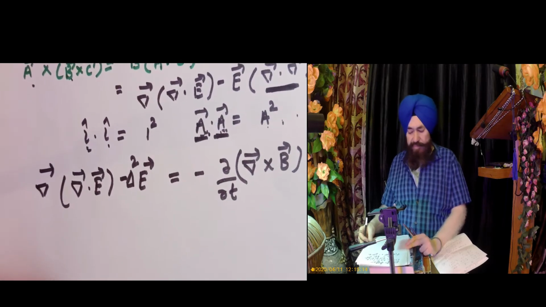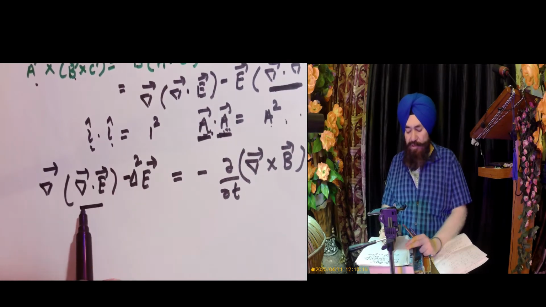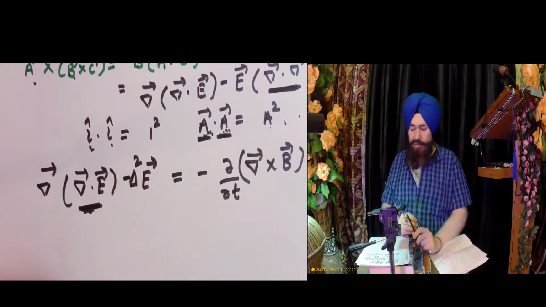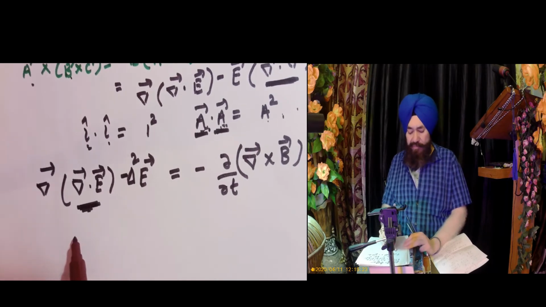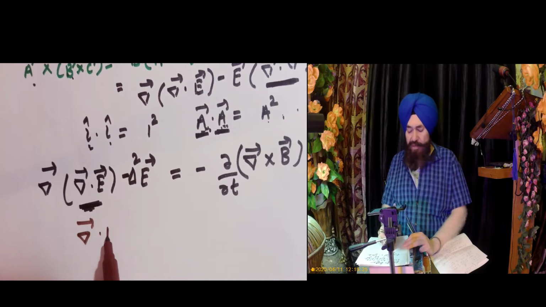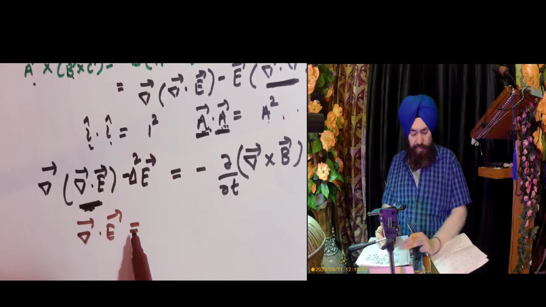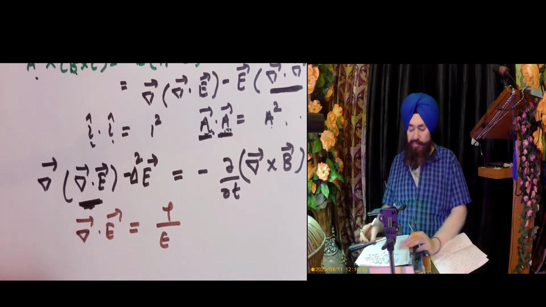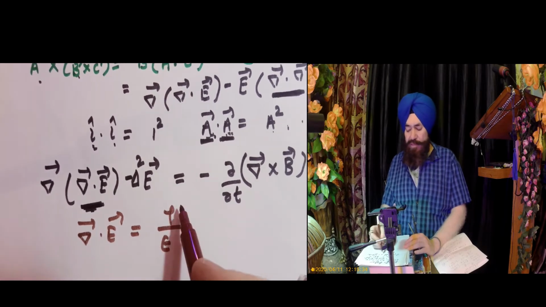Okay. Now I am using the Gauss law in differential form. So Gauss law in differential form is del vector dot E vector is rho upon epsilon. Okay, rho is the charge density.